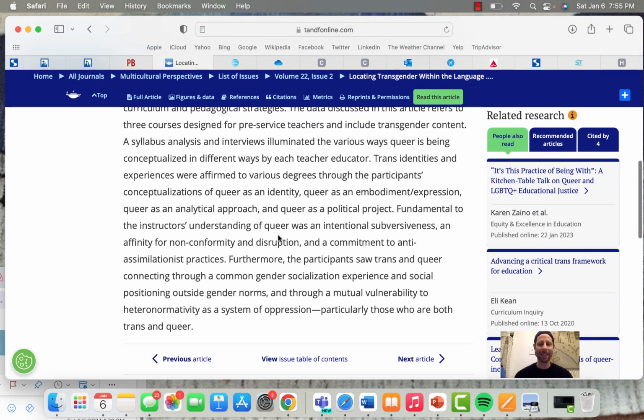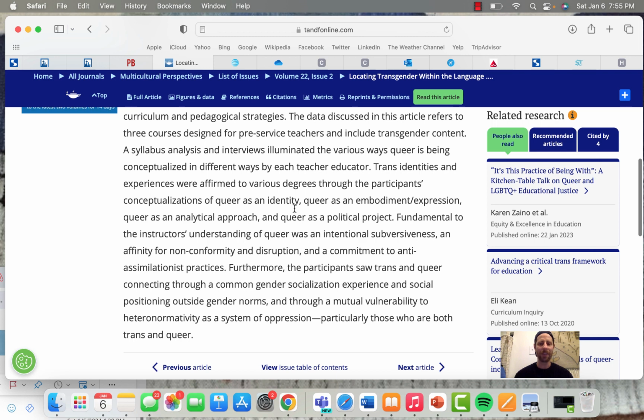So I like this idea of defining queer as an identity, as an expression, as a political project, right? I think that's interesting. Or as subversiveness, right? Trying to subvert what is supposed to be serious or normal or right, the status quo, whatever that is, right?